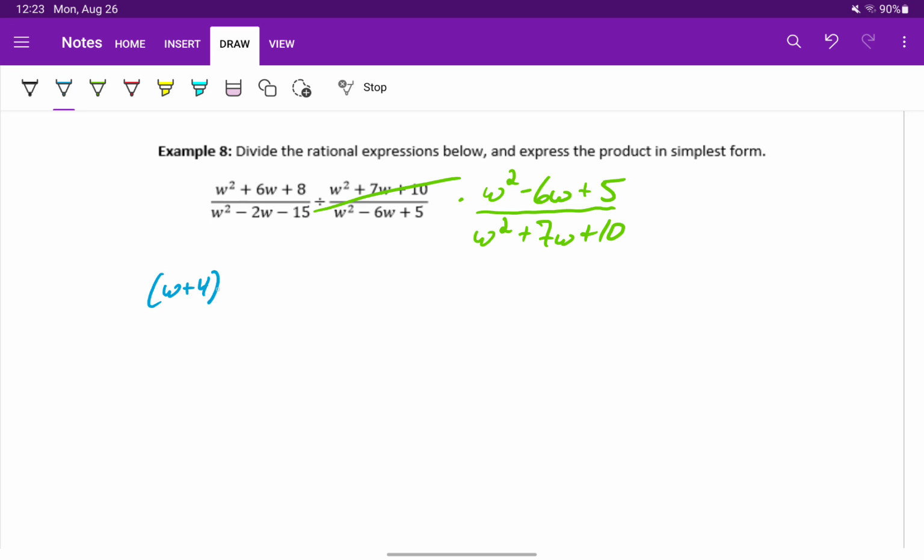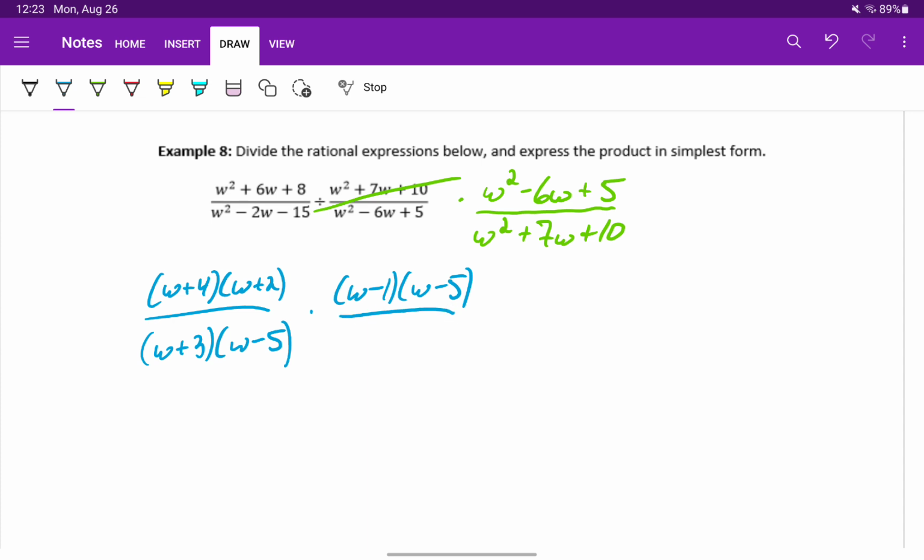The first one will factor as w plus 4 times w plus 2 all over w plus 3 times w minus 5. And the second rational expression will factor as w minus 1 times w minus 5 all over w plus 5 times w plus 2.